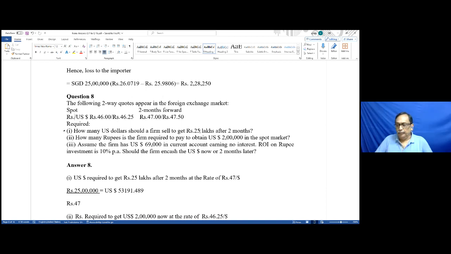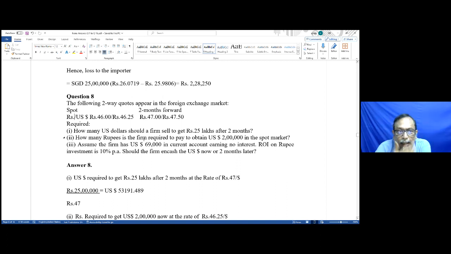Now it is given that the following two-way quotes appear in the foreign exchange market. Now we have spot and also 2 months forward.